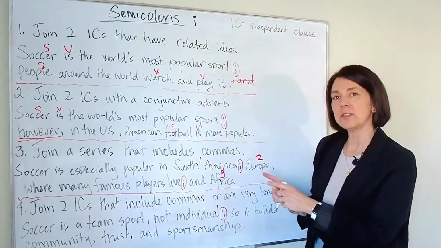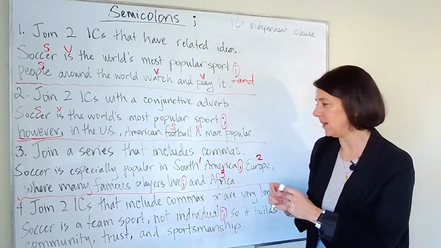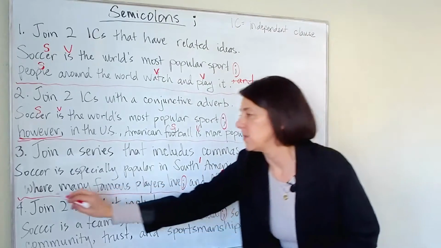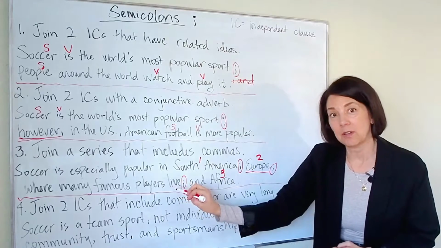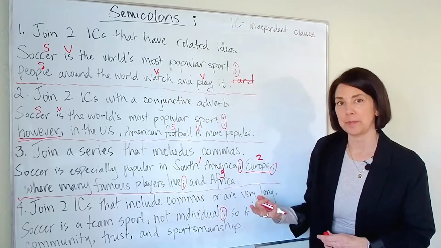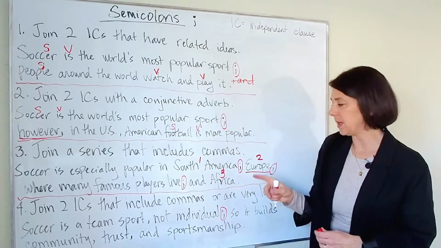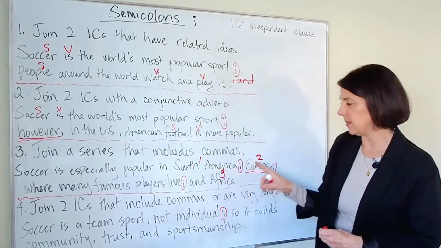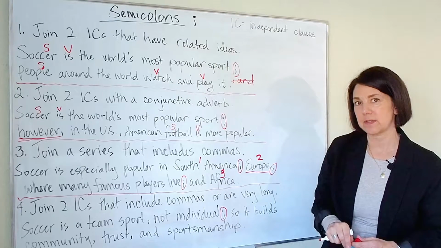But this series doesn't work like that because inside this one, we have a comma and we have this small clause here that describes Europe. So because we have a comma inside here, we're going to separate these 3 things with semicolons.